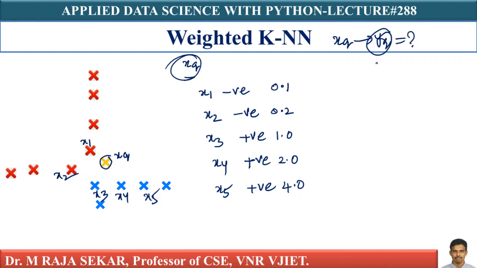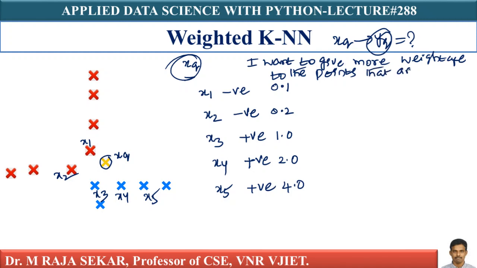When I decide what yq should be, I want to give more weightage to the points that are closer, isn't it? That's what weighted KNN basically is.